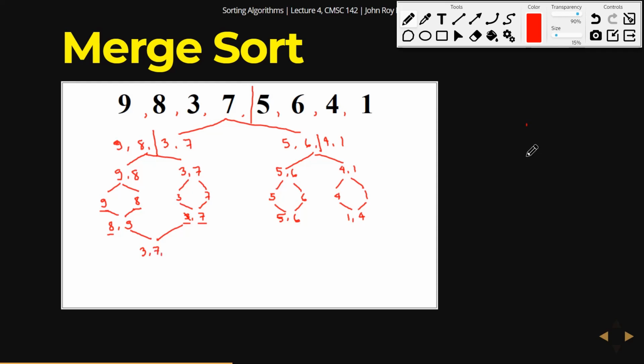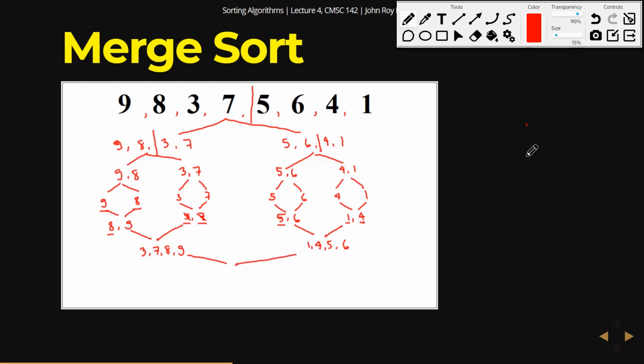And then since we don't have anything left here, we'll just copy 8 and 9 here. Okay, then we'll do the same here. So 1 versus 5, 1 wins. 4 versus 5, 4 wins. 5 and then 6. Okay, and then finally we'll merge these two to solve the original problem.